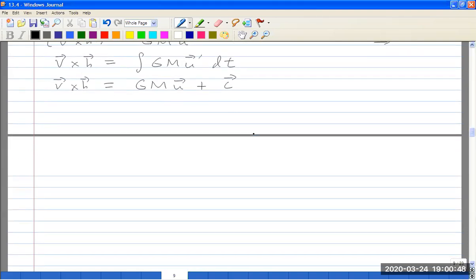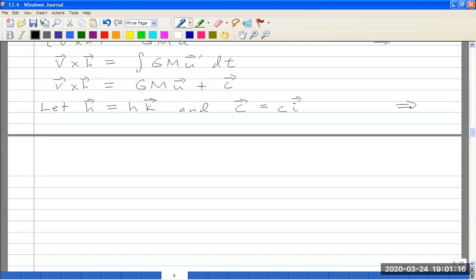So let's do the following. Let H equal HK and C equal CI.